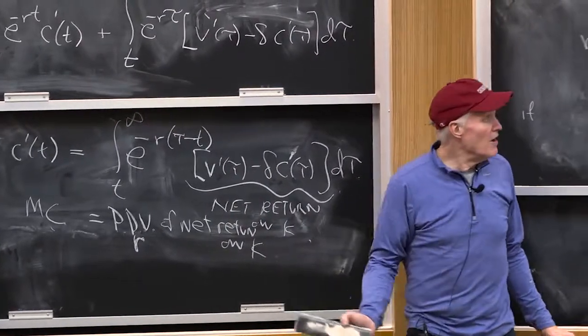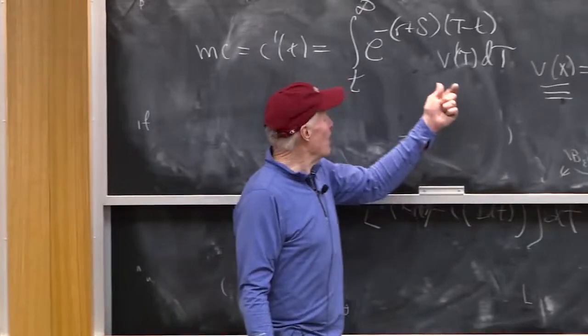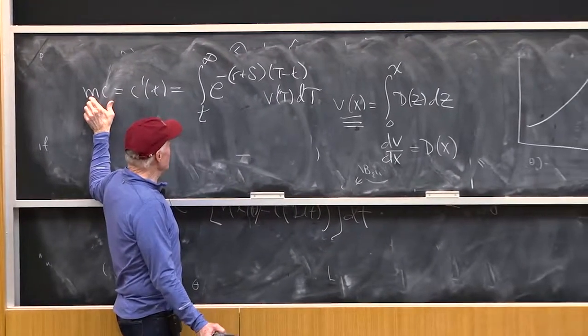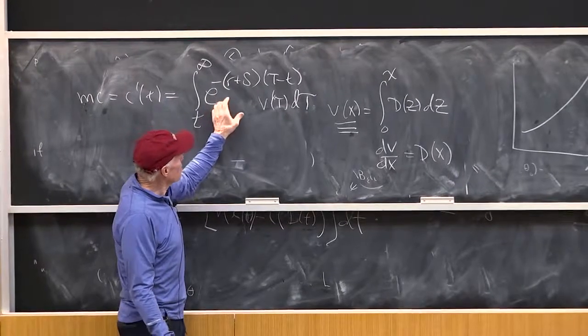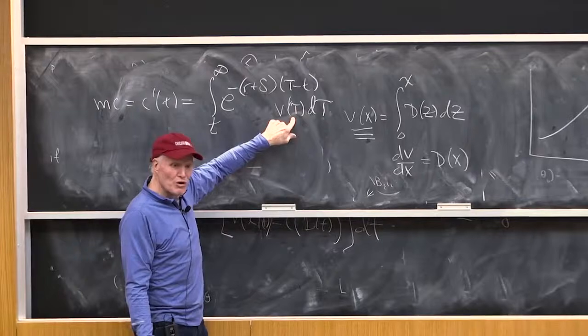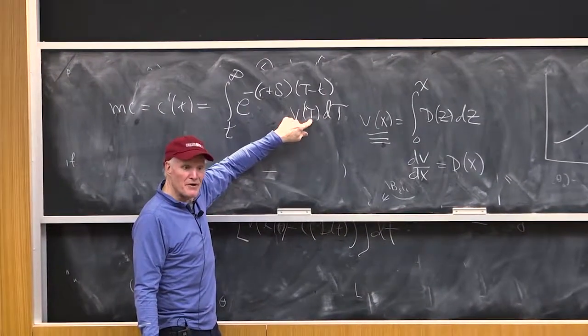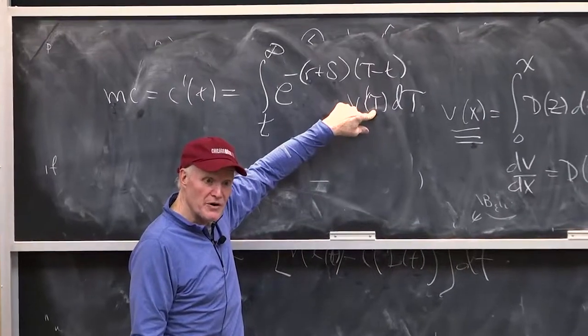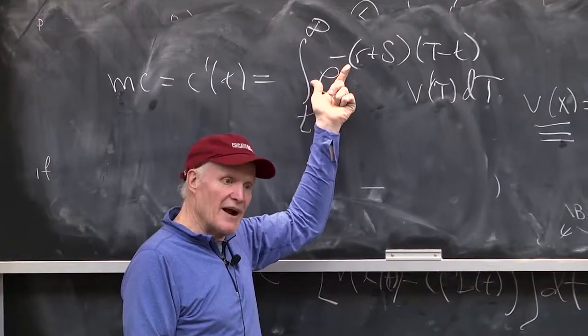Another way to think about the investment problem is that the marginal cost of investment has to be equal to the present value discounted at R plus delta of the gross return on capital. This is a bigger number, because you're not paying the depreciation. It's a bigger return, but you're discounting at a higher rate.